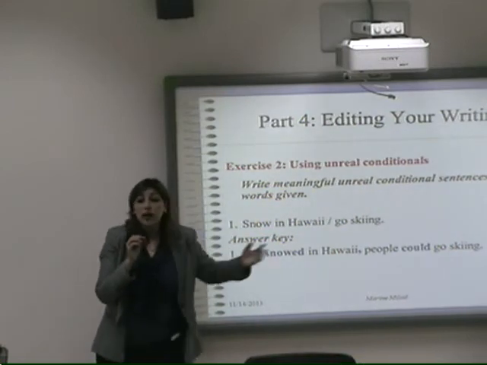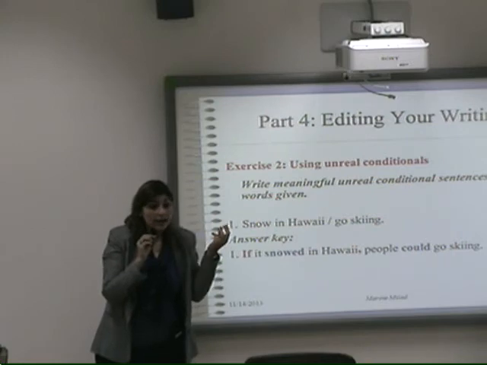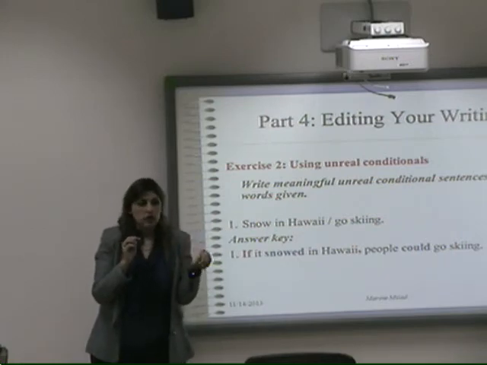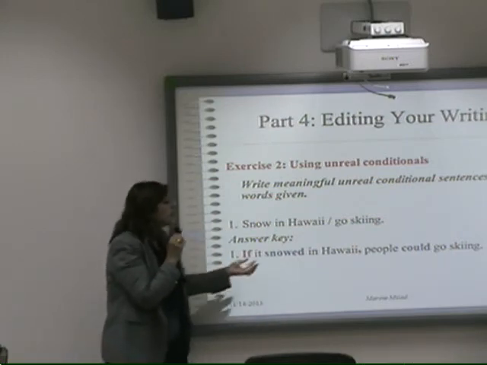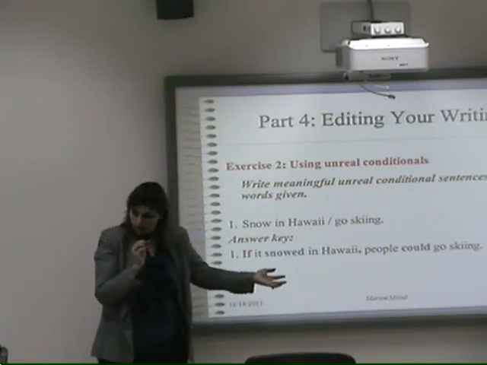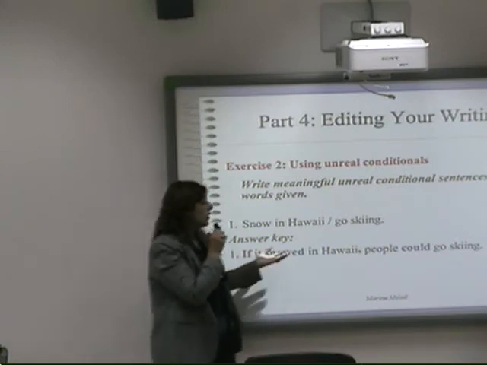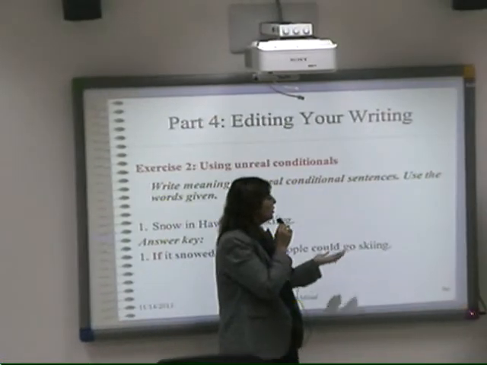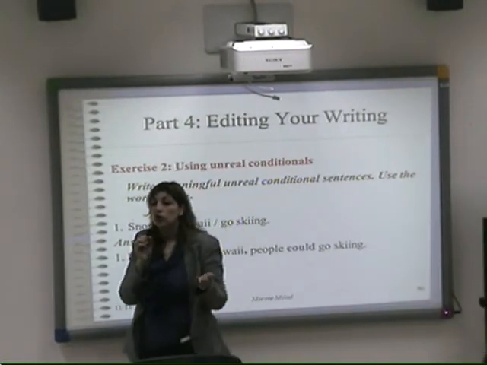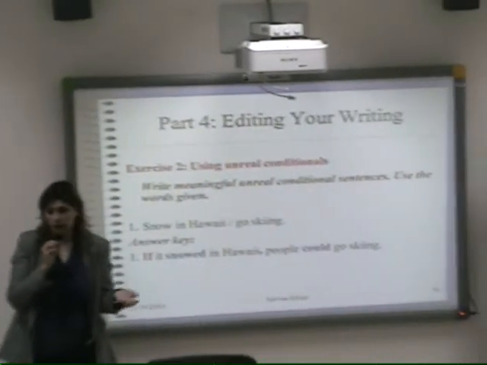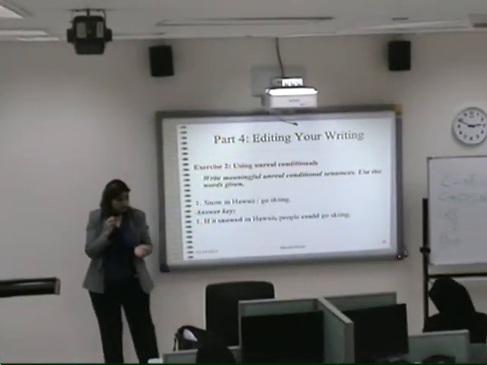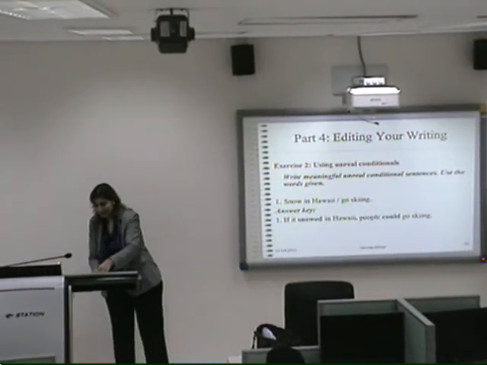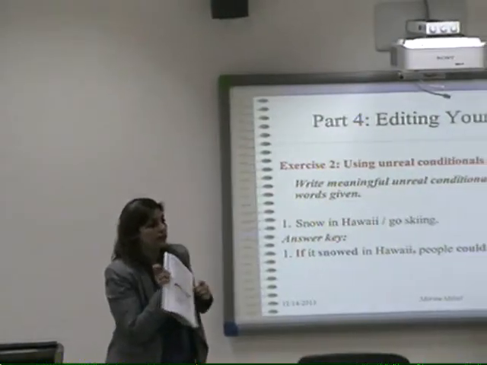If you want to describe this situation, you're going to describe it in an unreal conditional phrase, like this. If it snowed, which is impossible, okay? If it snowed in Hawaii, people could go skiing, would, might, all of these. Easy? Hopefully. Let's see. Who's going to practice this?